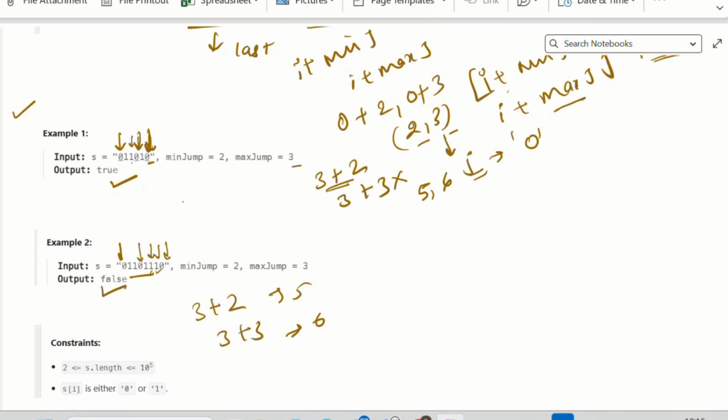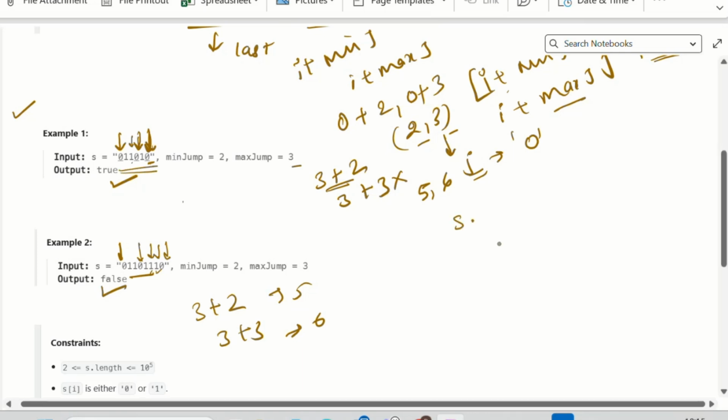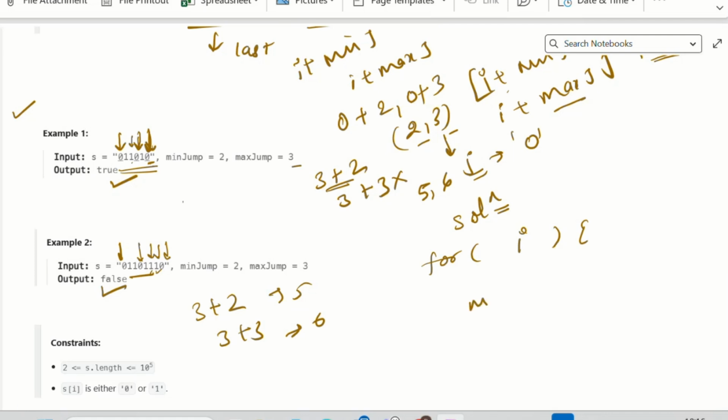So in this question, there is one string given. We will be looking into the solution, how we can solve it. For every index, if I am looping and trying to cover the range from minJump till maxJump, then for every index I need to cover this minJump to maxJump range.